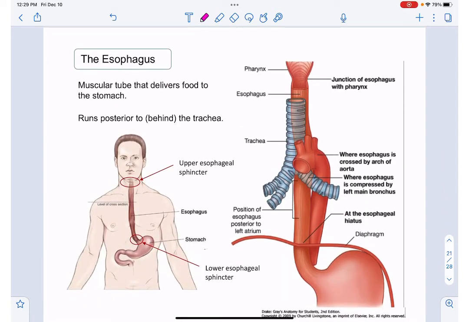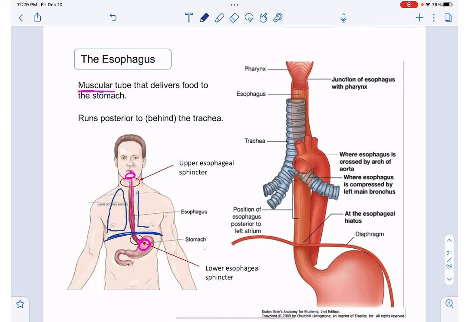Next, we move on to the esophagus. And the esophagus is a muscular tube whose job it is to deliver food from the throat, get it down through the thoracic cavity, and move it into the stomach. So if we were to put the diaphragm here, the diaphragm would be located about there.